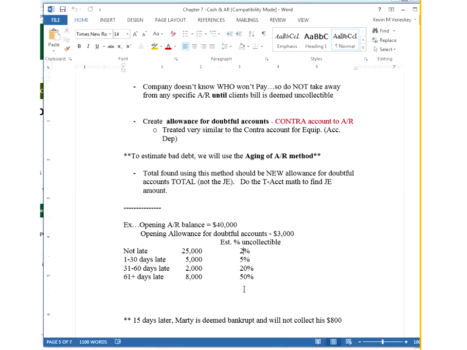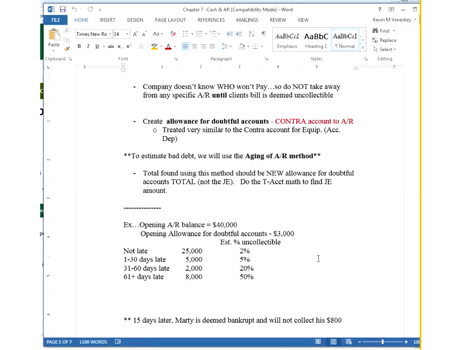So my best guess is that maybe 2% of this 25,000 is going to at some point become uncollectible. And then I have to estimate all the rest of these, 5, 20, and 50, and say these are my best guess of what will be uncollectible for those amounts due.